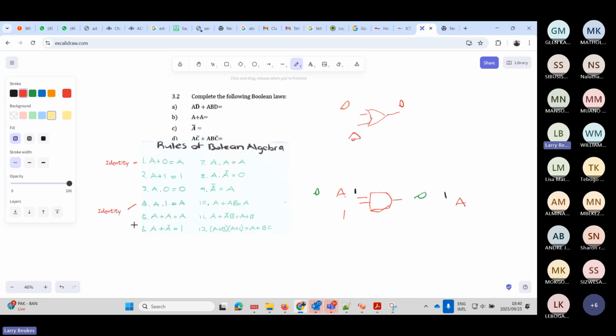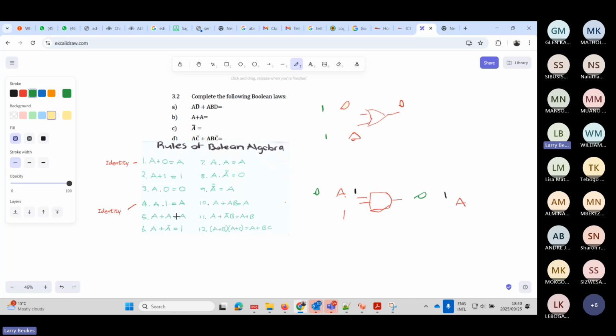So let's check. Let's try to prove that. So for number 5, let's have an A. Yeah. Let's use this green. We're saying an A. So if this is a 1 and a 1, right?